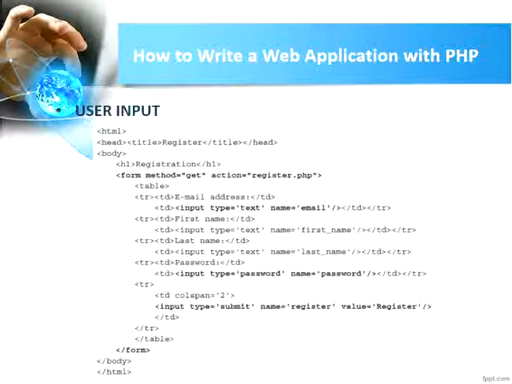For example, in our example, name equal email, name equal first name, name equal last name, name equal password, name equal register. All these names are important because we will use these names in register.php to get the information. Is it clear for you? Any questions?